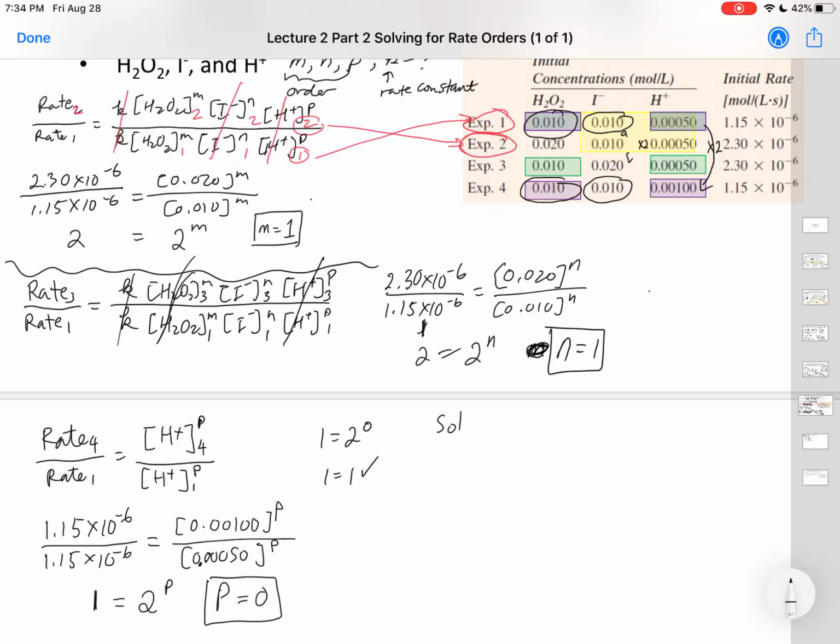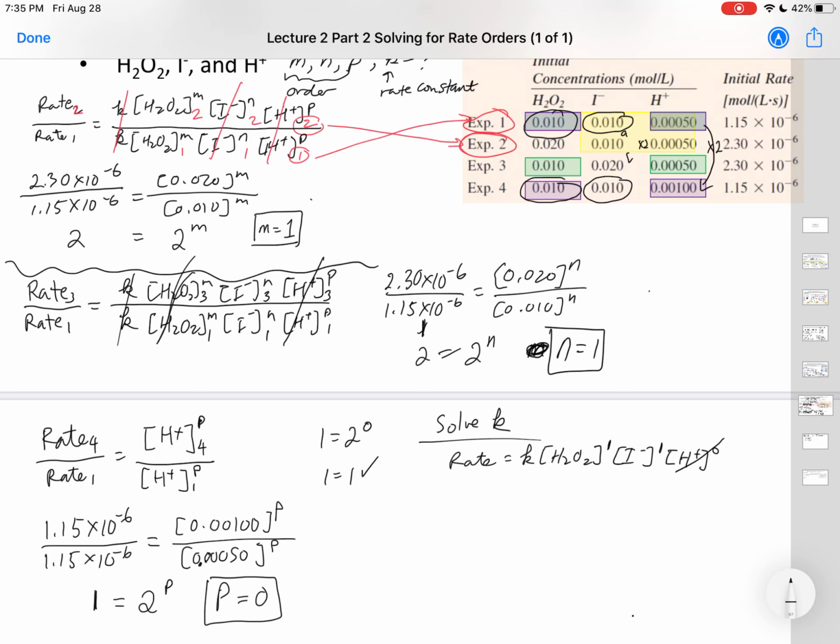Last but not least, you need to solve for K. And again, you can pick any experiment you would like. I'm just going to pick experiment 1. So we say rate is equal to K times H2O2. Now we know M is equal to 1, I minus, and N is equal to 1, and H plus, P is equal to 0. P equals 0, so you can cancel that out because anything to the 0 is 1.